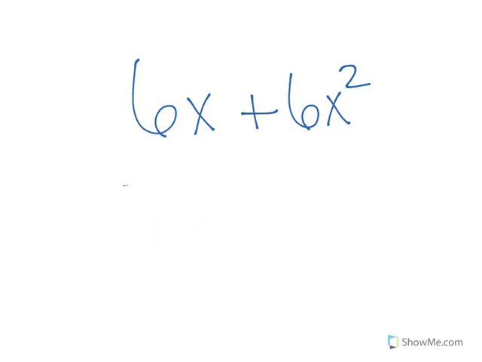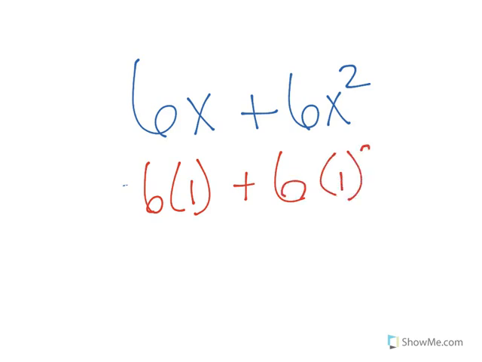But on this one, I don't know what the x equals. Now, for example, if it were 1, it wouldn't matter, because 6 times 1 plus 6 times 1 squared, the ones would be equivalent, because 1 times 6 is 6. 1 squared, order of operations, exponents first, is still 1.